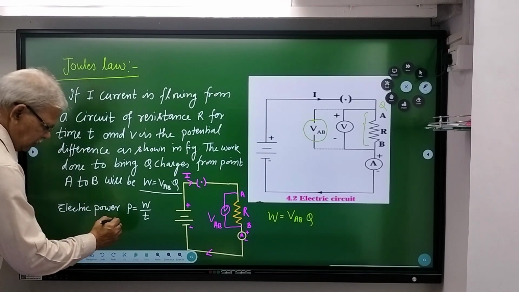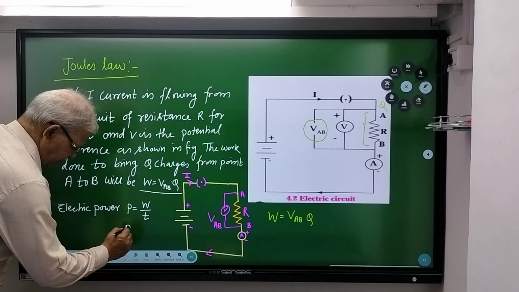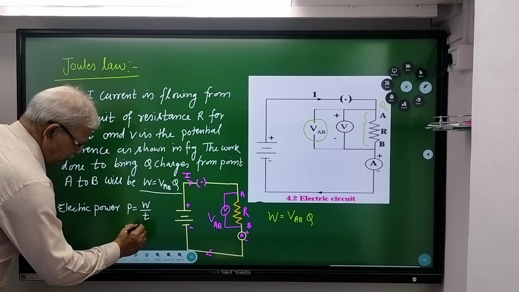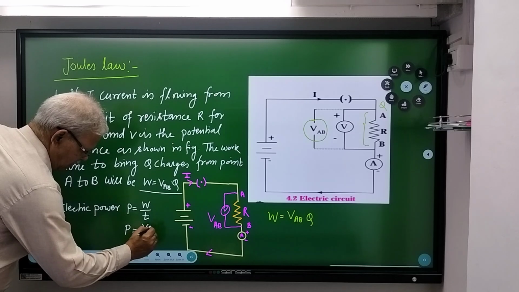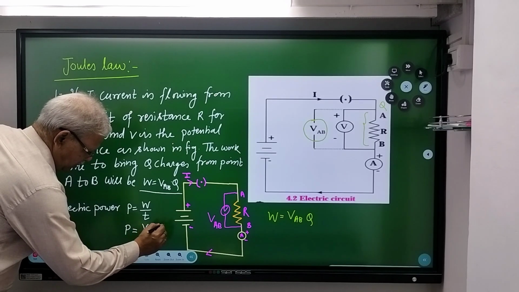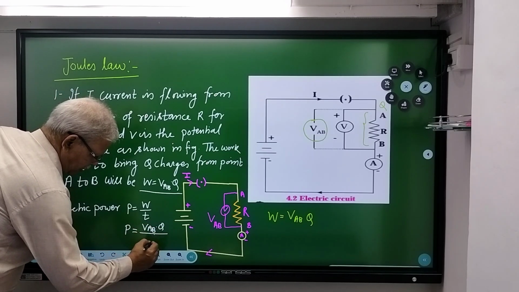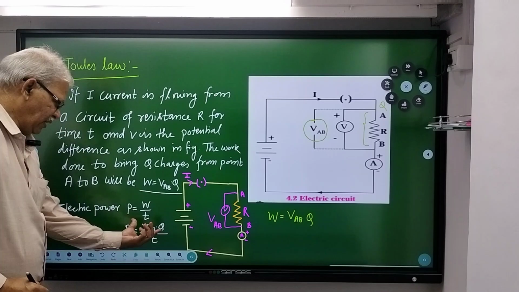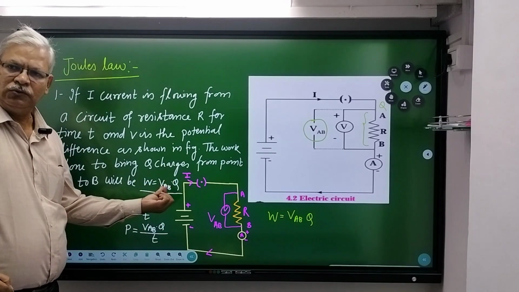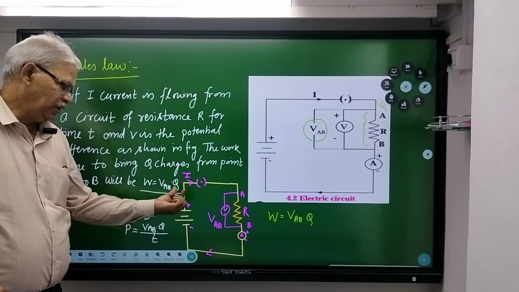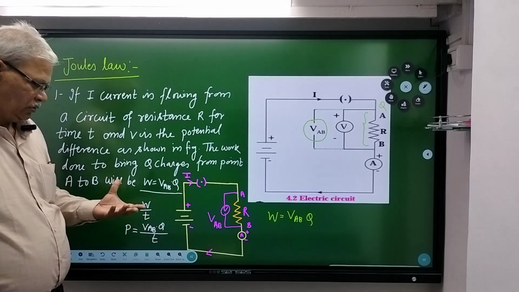Therefore substituting the value, P = VAB dot Q upon T. This is the value substituted from W = VAB dot Q. Understood?